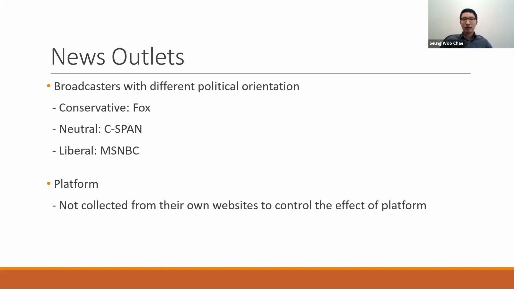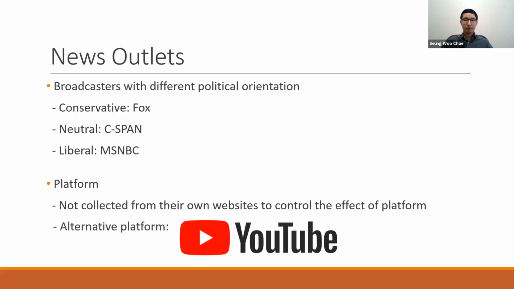The easiest way to collect the news reports from the 3 broadcasters is visiting their own websites. But I thought that that's not a good idea, because the user interface and user experience of their websites could influence the comments. So I think it might be better to collect their news from one single social media platform, and the alternative is YouTube.